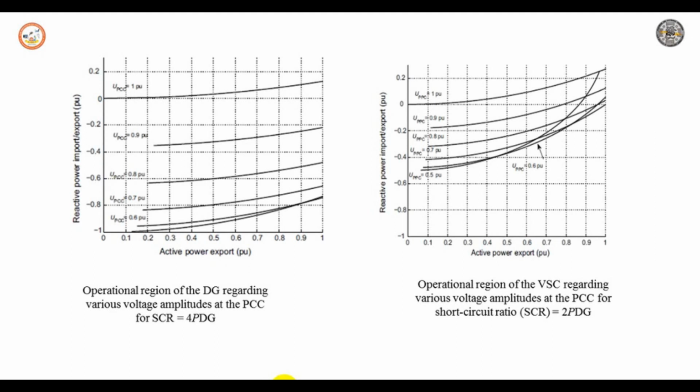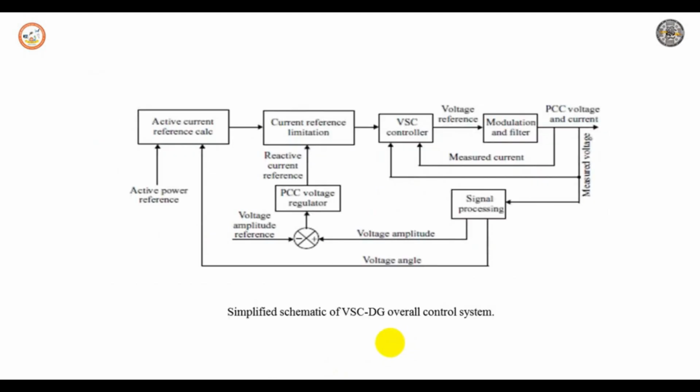The second limitation is the converter DC link voltage amplitude, usually in the ratio of 1.12. A simplified schematic of the VSC DG, voltage source converter distributed generation control system, is shown here.